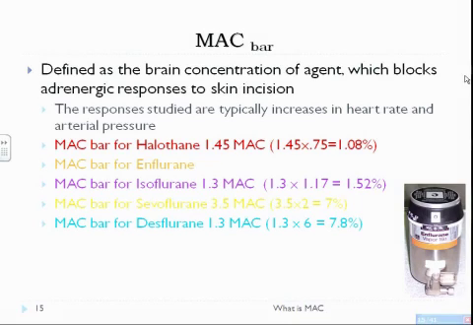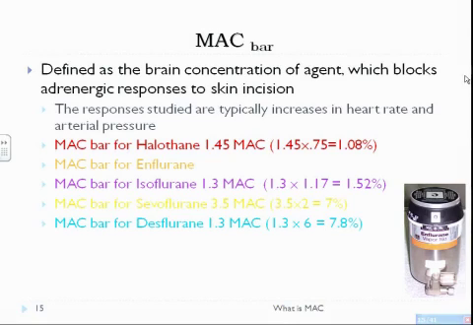Now, desflurane, you have to increase your MAC bar to 1.3 to get there. The downside to that is that you really can't be above 6% with desflurane. If you increase your desflurane up to 6% or greater, you start getting too much tachycardia and too many problems. So to avoid that, what we do is we give narcotic.